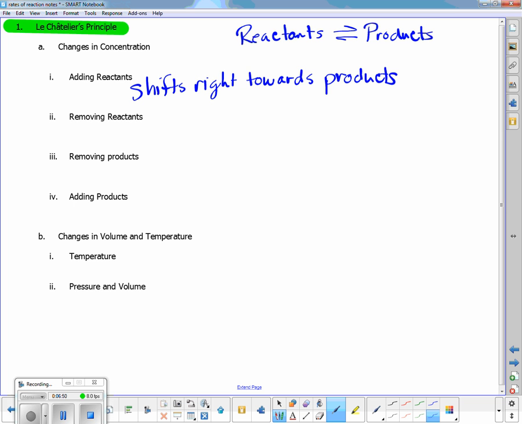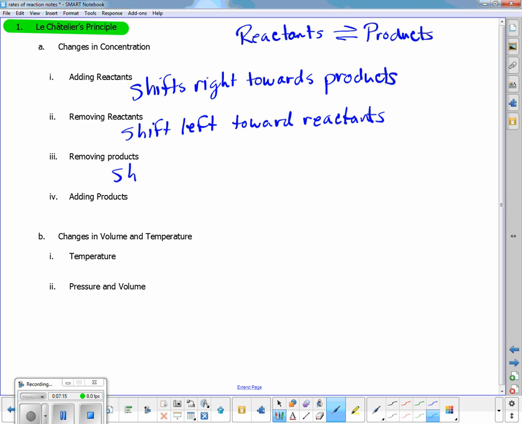Okay, what if I dig a hole at the reactants? I would shift left toward the reactants. What about removing the products, or making a hole on the product side?